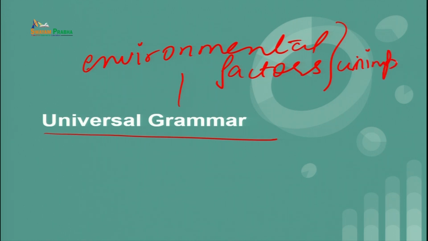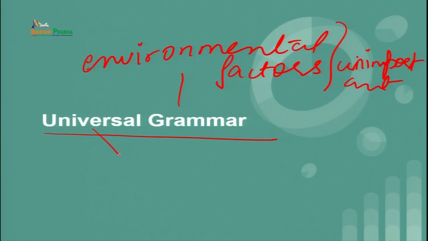Why? Because he claims that language is already hardwired into the brain when a child has not even taken birth in the world. Therefore, there are so many factors that contribute to the universal grammar, the concept which Chomsky has given, and in the universal grammar he has given a term called language acquisition device.